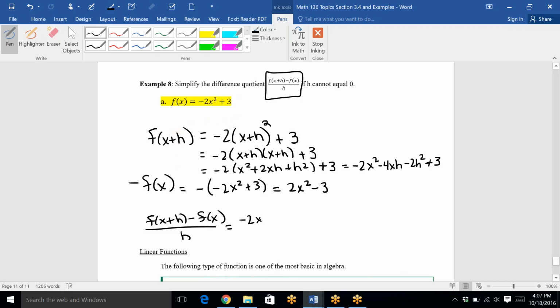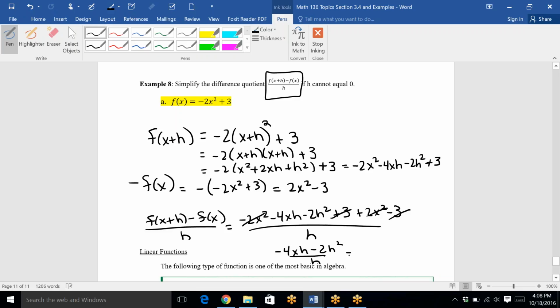So negative 2x squared minus 4xh minus 2h squared plus 3, and then plus 2x squared minus 3 because we've already distributed that negative, all over h. My 2x squareds are gone, my 3's are gone, so I get negative 4xh minus 2h squared over h. Everything is divisible by h. So my final answer is negative 4x minus 2h.